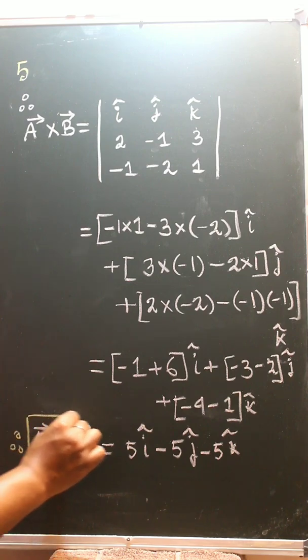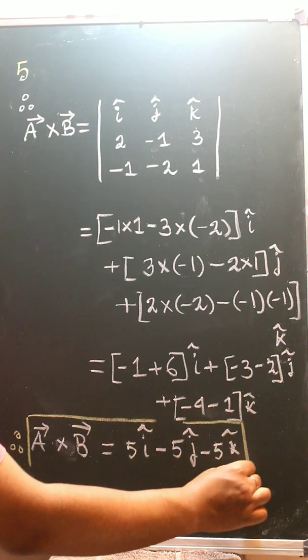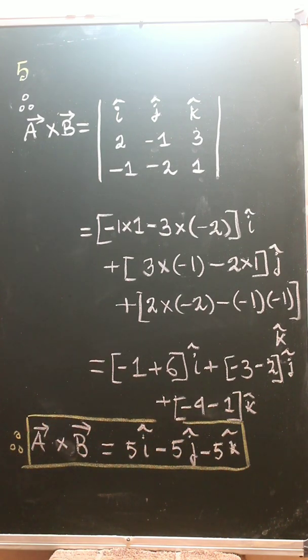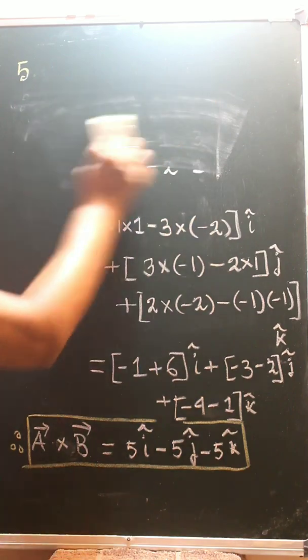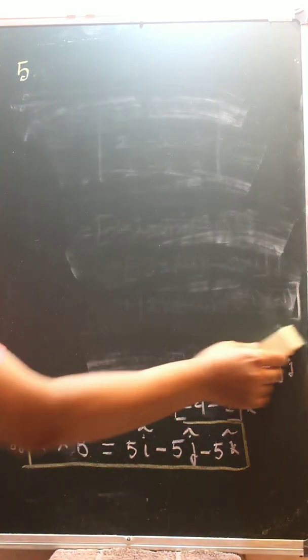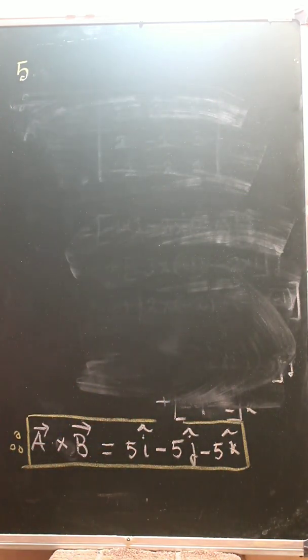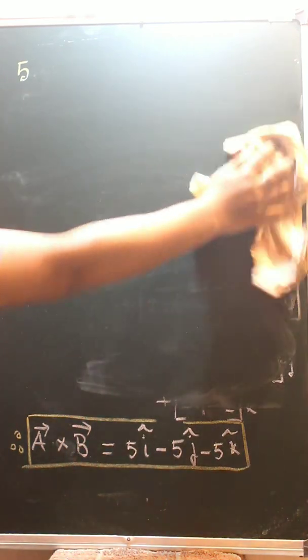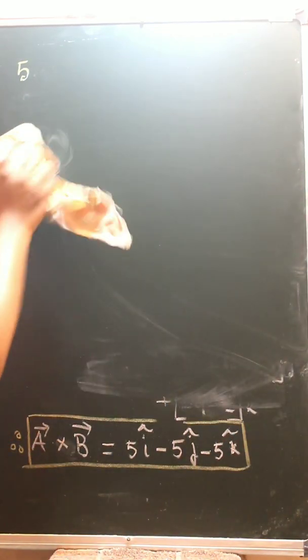This is vector A cross vector B, the cross product of two vectors, which is 5 i cap minus 5 j cap minus 5 k cap. Now we can erase this part. Cross product of two vectors is derived.